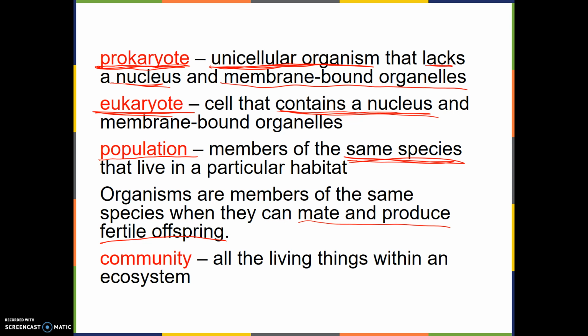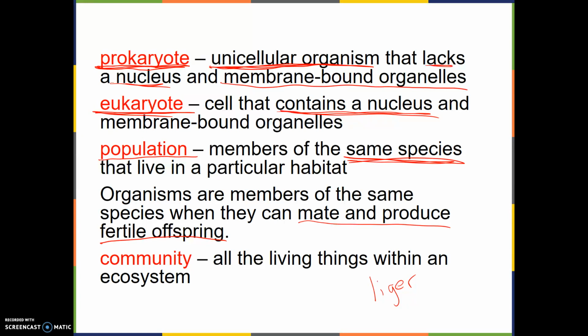We have been able to create some hybrids from two different species. They were able to mate and produce a liger. You can look that up, Google it if you want to. It's a mating between a tiger and a lion, and the liger has been able to reproduce. That's my understanding anyway.